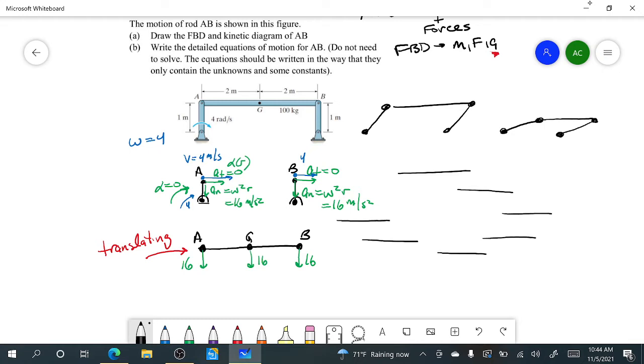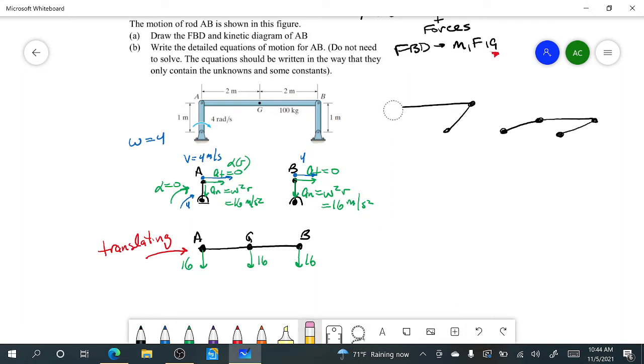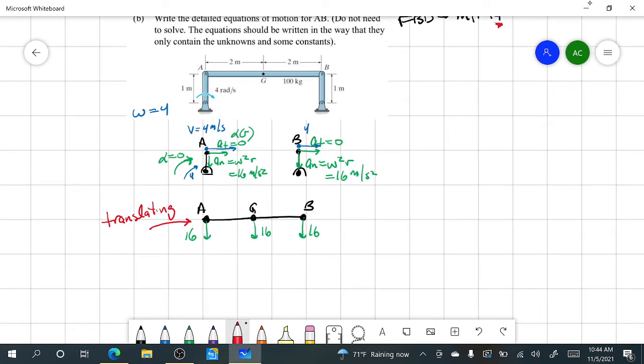And so this is a translation of the bar, but it's orbiting, if you would. I like to say that the bar is orbiting. So this bar is going to be orbiting something, which means that the 16 meters per second that G is carrying represents a rotation about some radius of curvature.